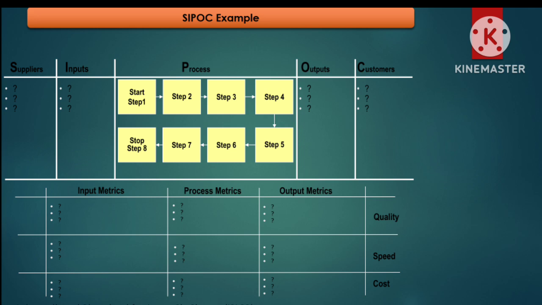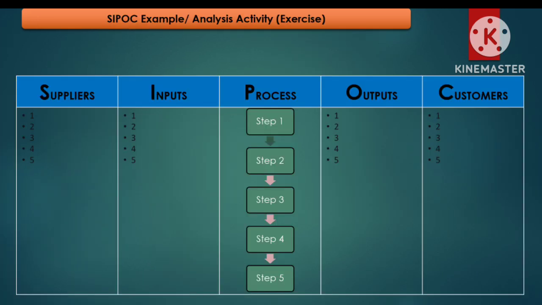You do this exercise. When you do it on your own, you will get the visibility and understanding of the entire SIPOC process, that okay, this is how the SIPOC is, and this is how you are going to use it further in your process, in your project, in your program.